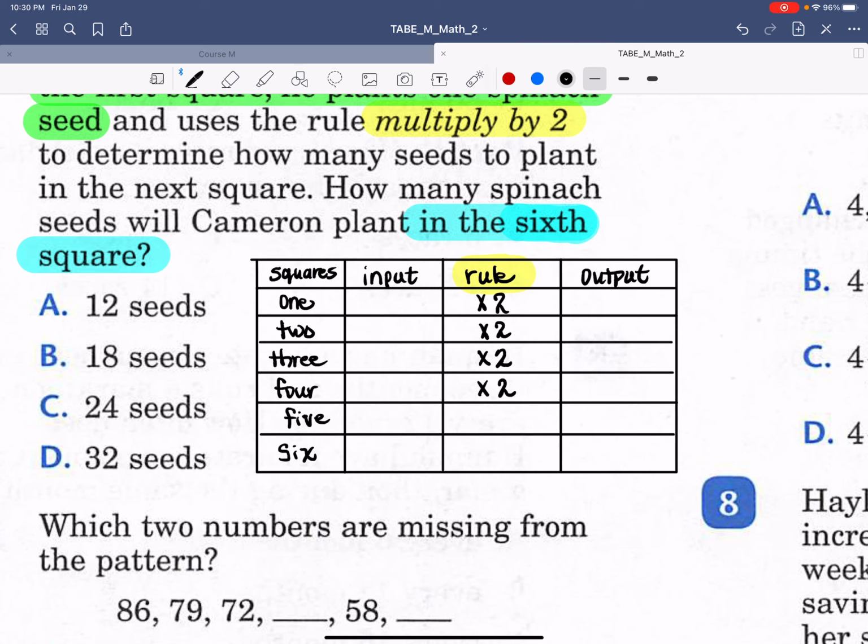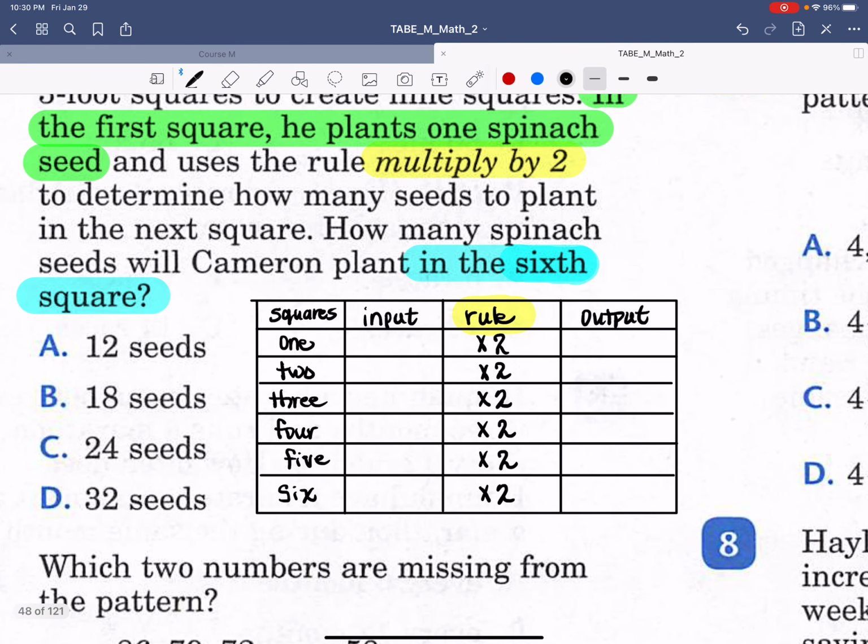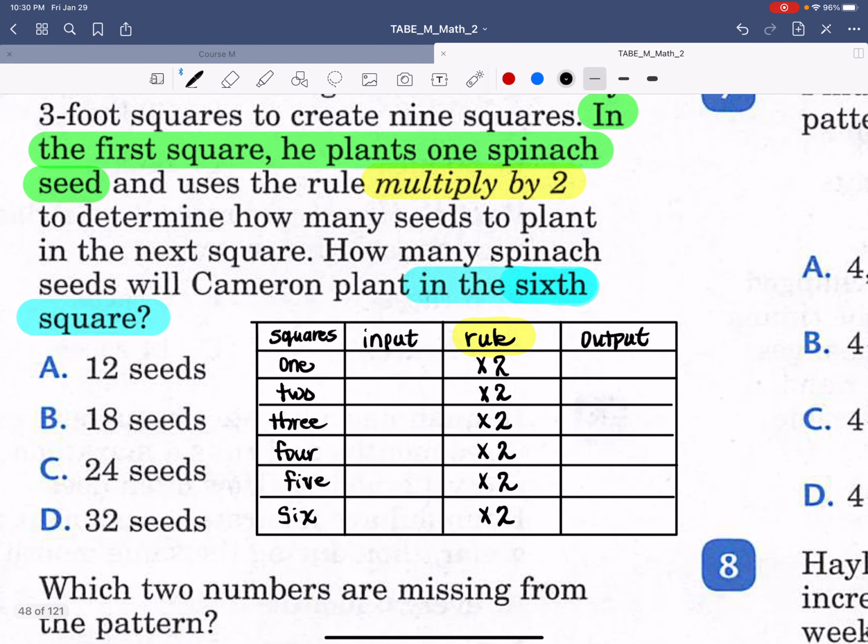You cannot change rules in the middle of the table. You have to keep the same rule all the way down. And then the other piece of information is the green. It says in the first square, he plants 1 spinach seed. So we have enough here to find our answer.